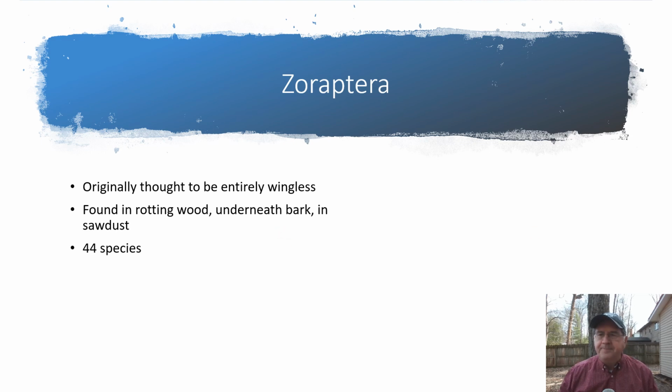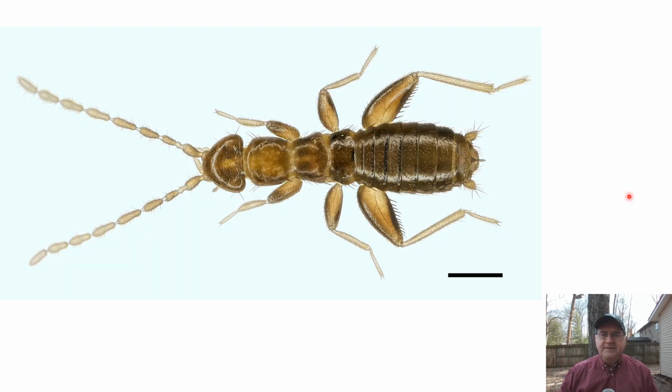Let's take a look at them. This is a female. This particular female is well melanized, so it's got a lot of color to it. You will find many individuals that practically have no color whatsoever, other than just being white, almost translucent. But the female is perfectly wingless. You see the well-developed cerci in the back.